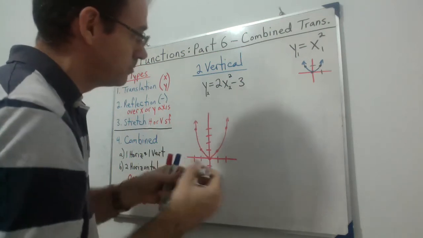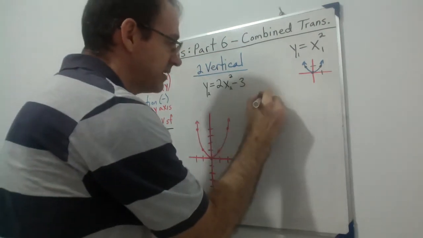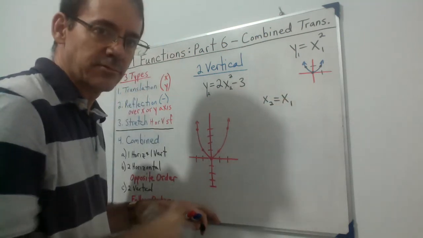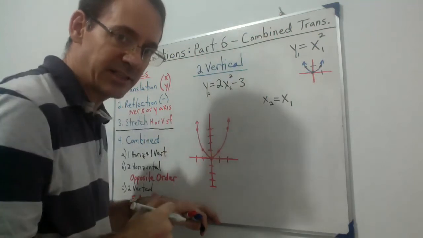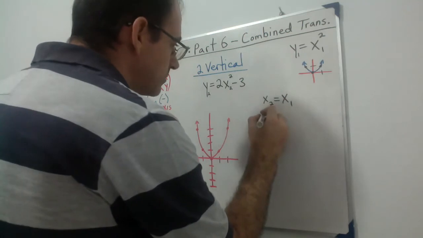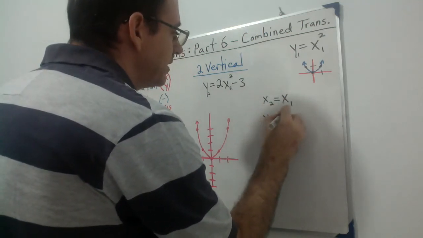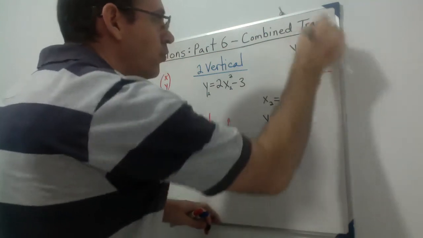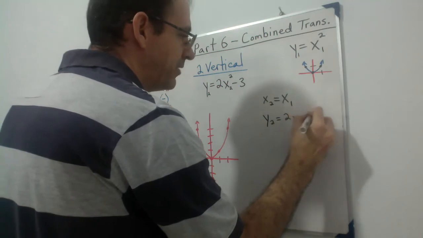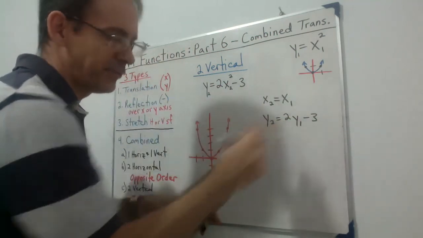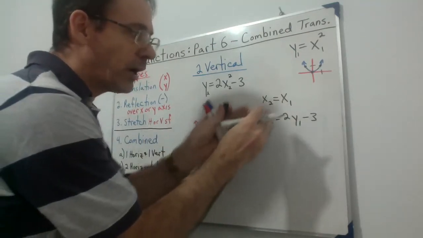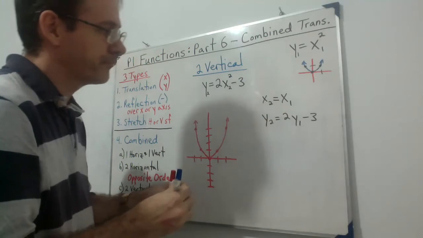So the new x simply replaced the old x. No transformations. Our new y is 2 times the old y value, where y is the function itself, minus 3. So actually it kind of looks like the same thing, but we're putting it in terms of the new y compared to the old y.